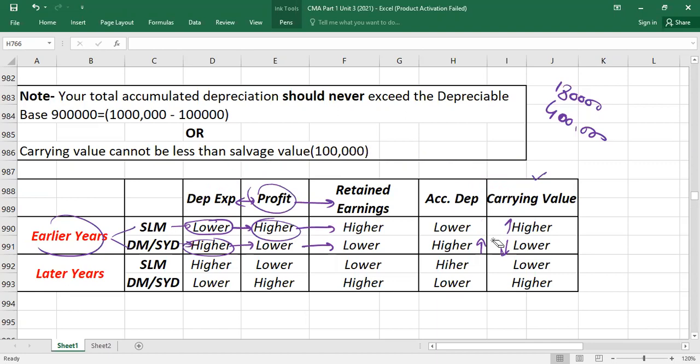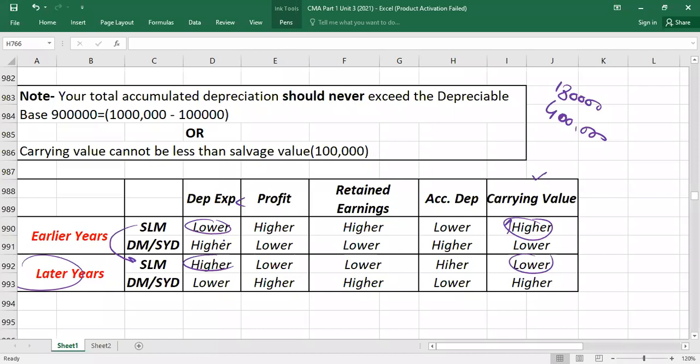If you know the earlier years data, in later years, it will be totally opposite. Look, here this is SLN, straight line. Here it was lower, it will become opposite, higher. If it was higher here, it will become lower here. Totally opposite. Just reverse the scenarios in later years.